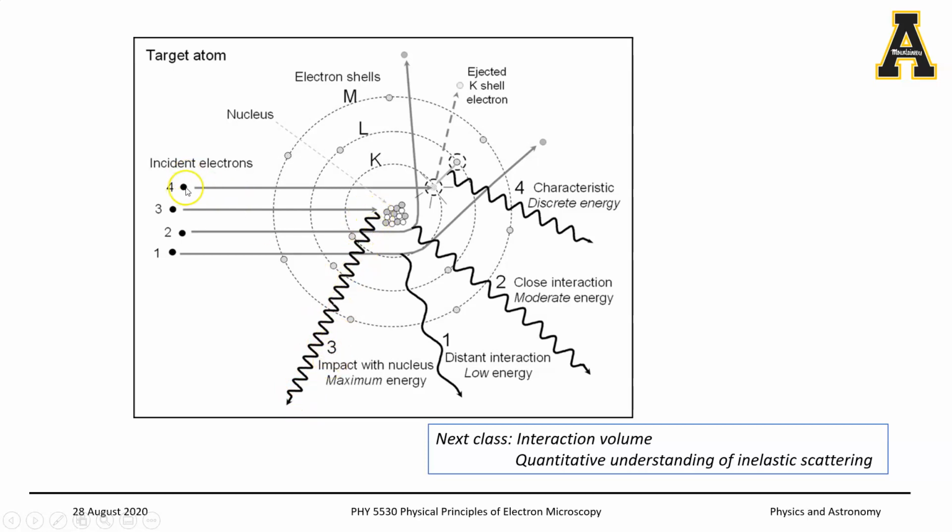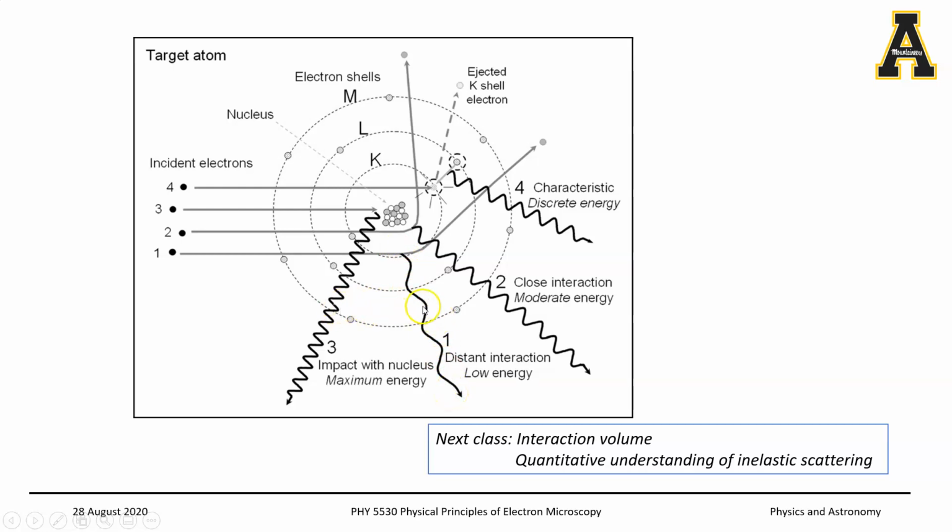Now, for an electron which is slightly further away, let's say number 1, it also experiences the force field. It is scattered in a given direction, but while it is slowing down, it emits energy in the form of X-ray, which has low energy. So that has a longer wavelength.